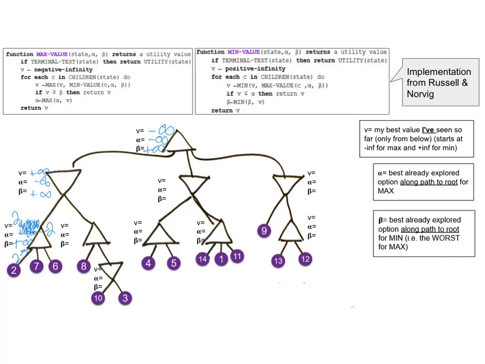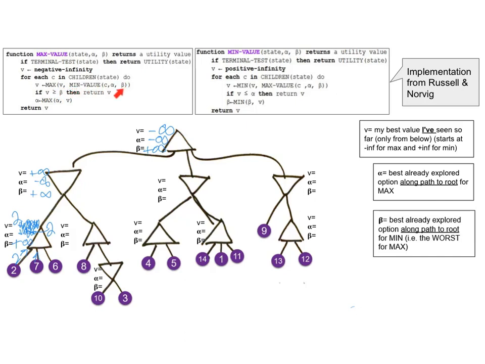Now if we look at the code, we're looping for each child, so we need to do the same thing for the other children. The next child is this 7. We run the min value function on that node, and it is just going to return a 7, so I'm going to shoot that 7 back up. Now we're back in the max function.